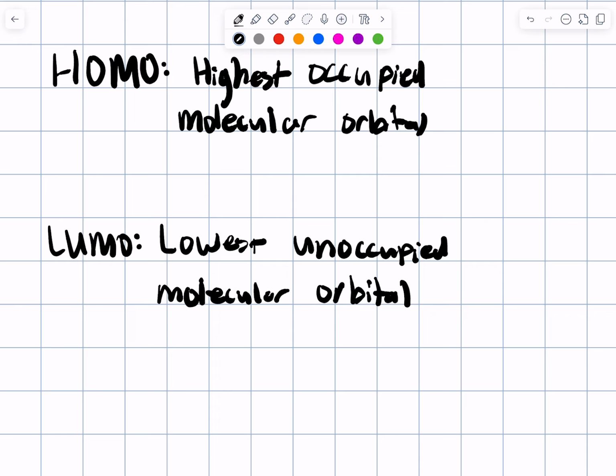I believe we used the vocabulary term, we called these frontier orbitals.